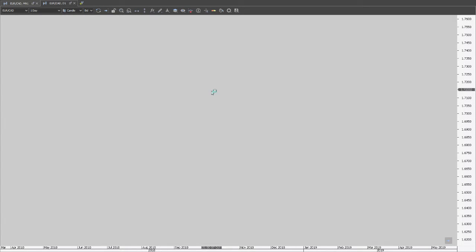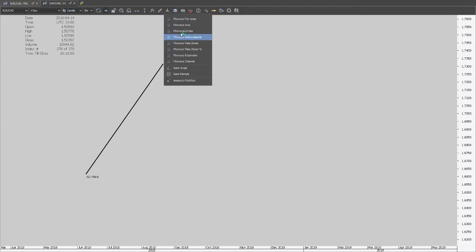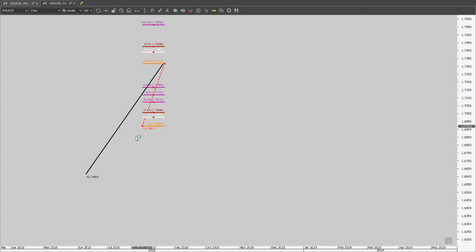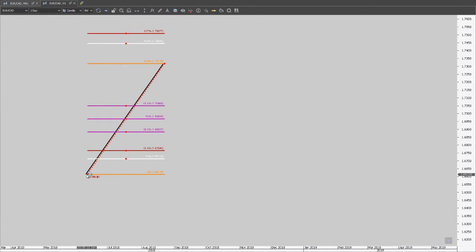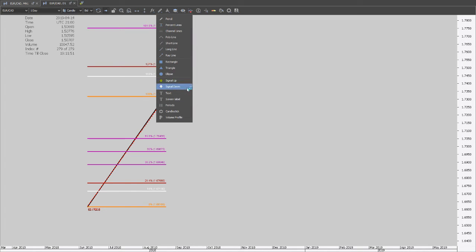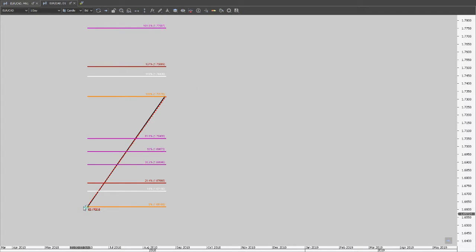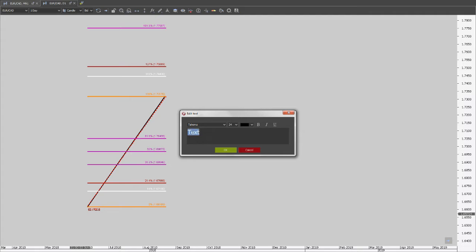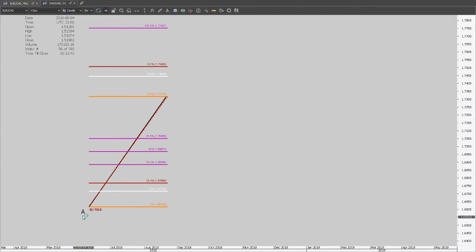Now, let's go step by step for the beginner trader. First, we have the original Fibonacci, and we're going to go slowly. And believe me, the difficult Fibonacci is the contrarian.